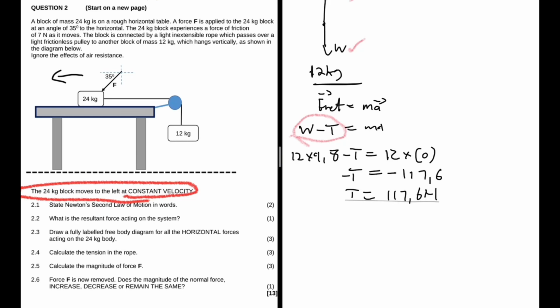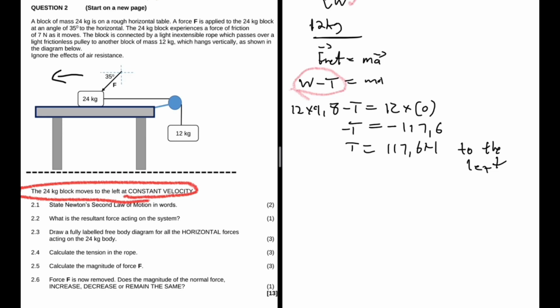It says calculate the tension, so we can put a direction here. For the 12 kg block, it will be upward, and for the 24 kg block, it will be to the right.